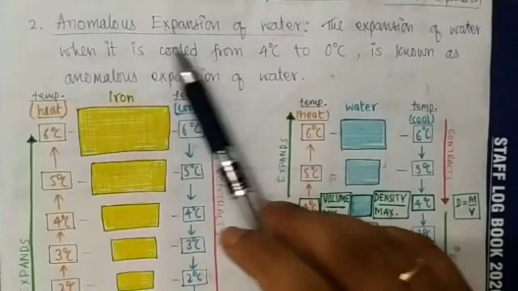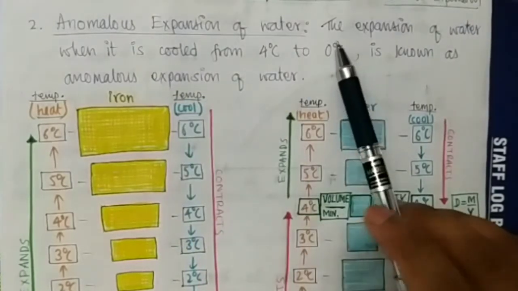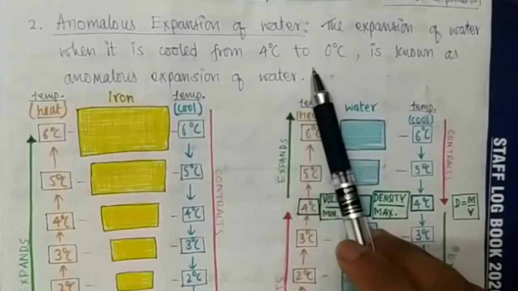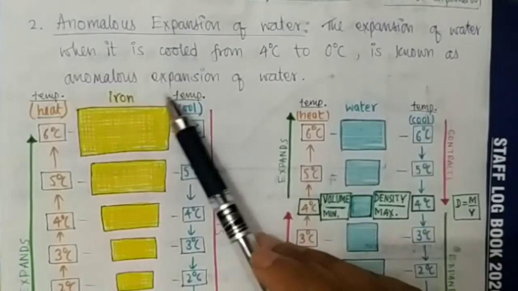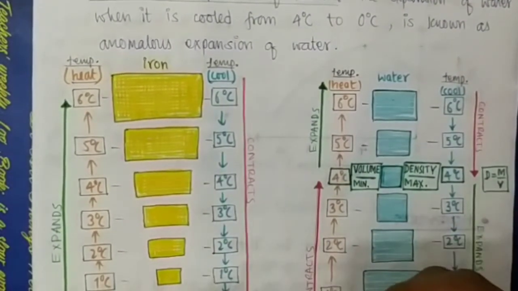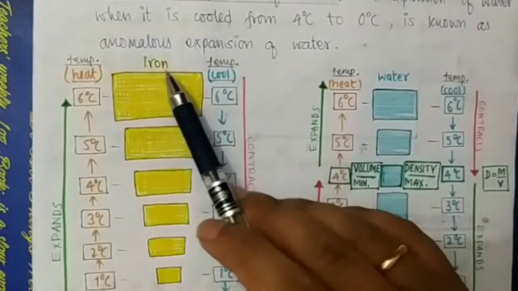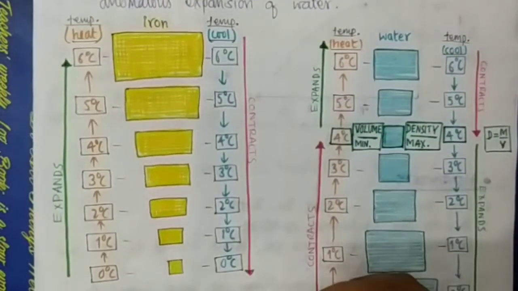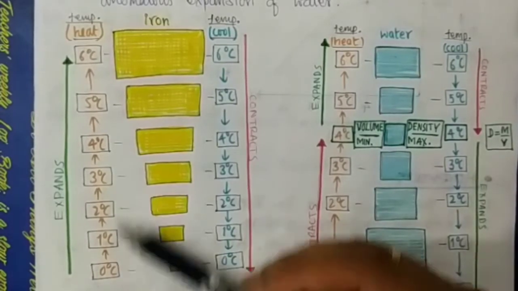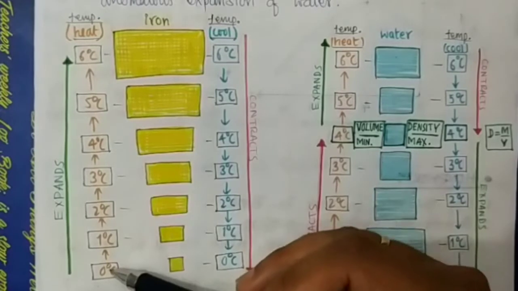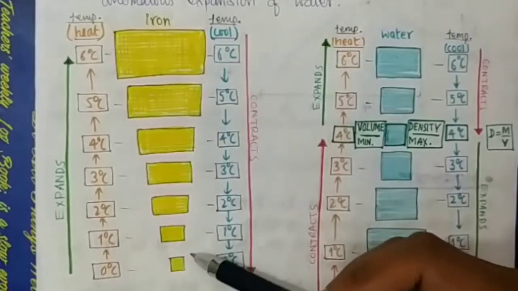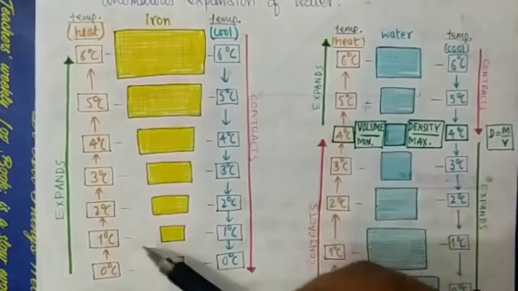Now let's see anomalous expansion of water. The definition is the expansion of water when it is cooled from 4 degrees Celsius to 0 degrees Celsius is known as anomalous expansion of water. Usually when you take any substance other than water, for example iron, and when you heat it, the temperature will increase, and as the temperature increases, the volume will increase, or the substance will expand.